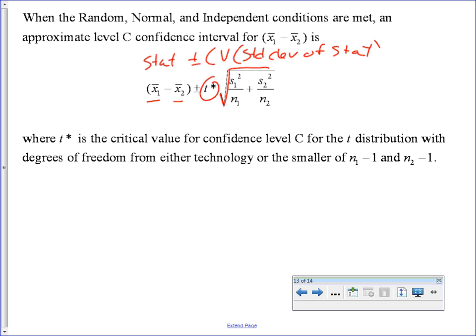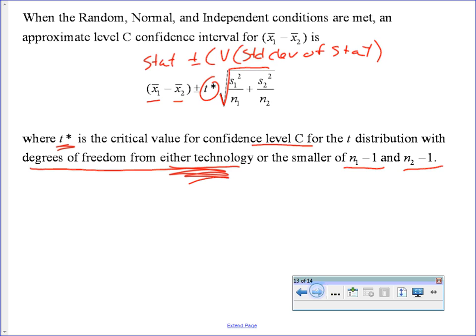All of this is given to you, and the t star is going to be the critical value for the confidence level of the t distribution with the degrees of freedom from either tech or the smaller of n1 minus 1 and n2 minus 1. You can read through your section of the book and start looking at some of the problems. Otherwise, we will be creating these confidence intervals in class next time.